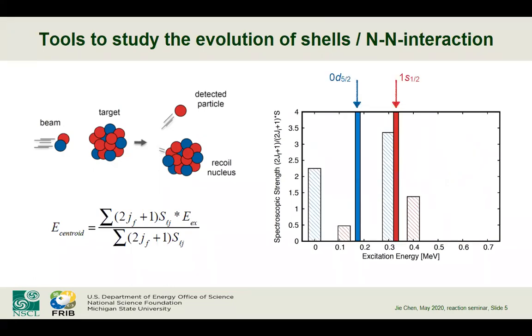And we can determine the single-particle energies by the weighted average of the spectroscopic factors times the excitation energies, as I show here. So you can see that using one-nucleon transfer reactions, we can isolate the different single-particle strengths.